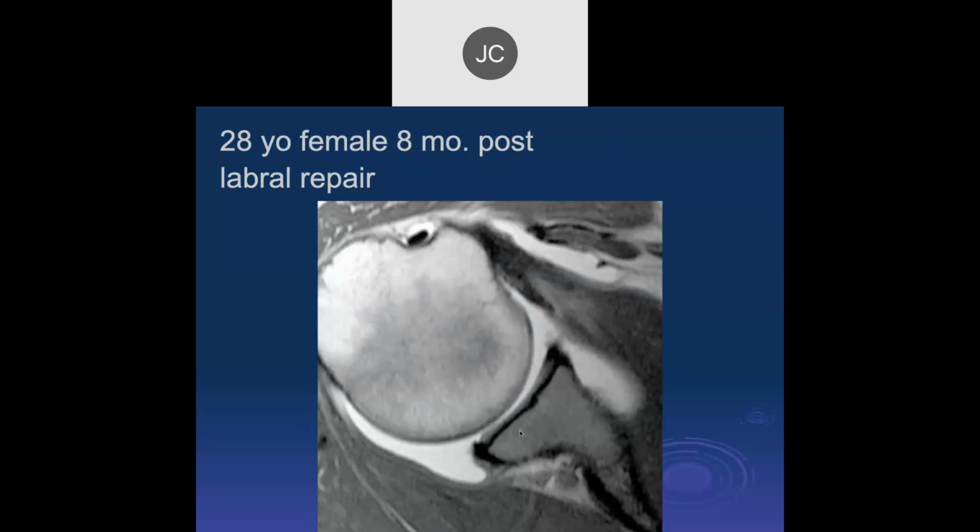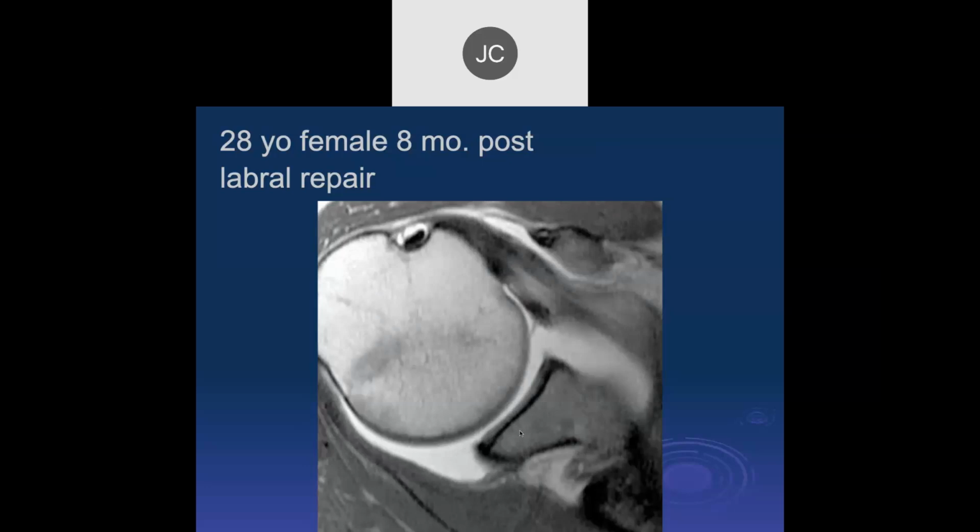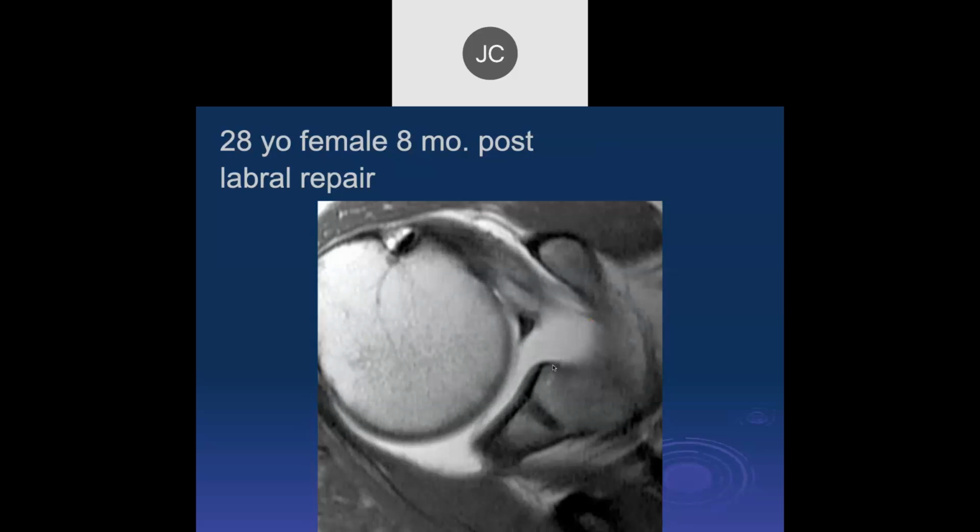So we keep going up now. Go up again here. Okay, what's the yellow arrow? I guess it's our middle glenohumeral ligament. And we don't really see an anterior superior labrum, right? Go up here, and what do we see now?